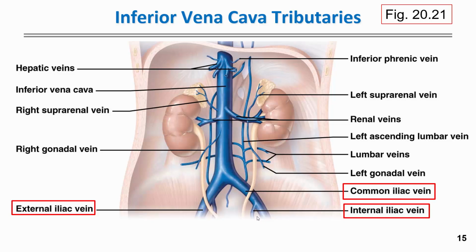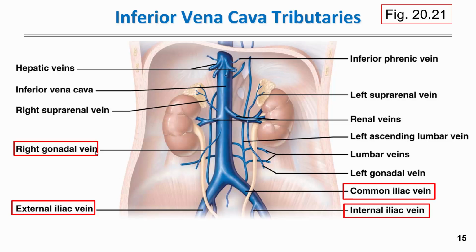The merging of the internal iliac vein along with the external iliac will form the common iliac vein, and this is blood flow that's moving in the opposite direction to the like-named arteries that are transporting the oxygenated blood.